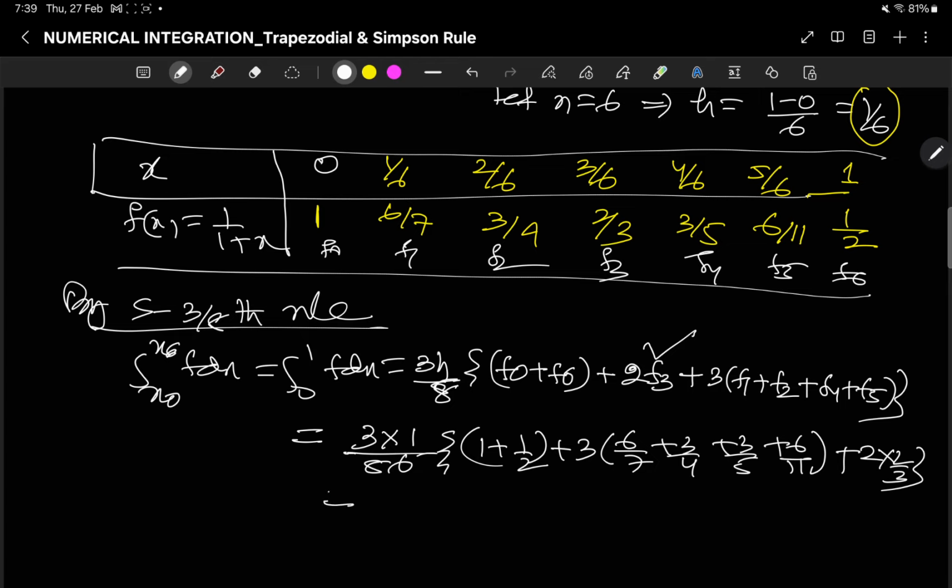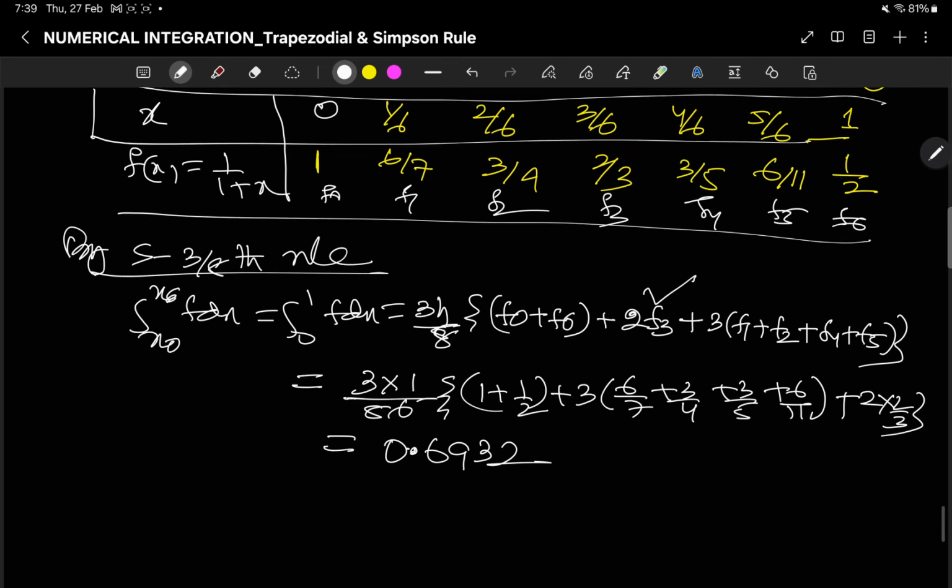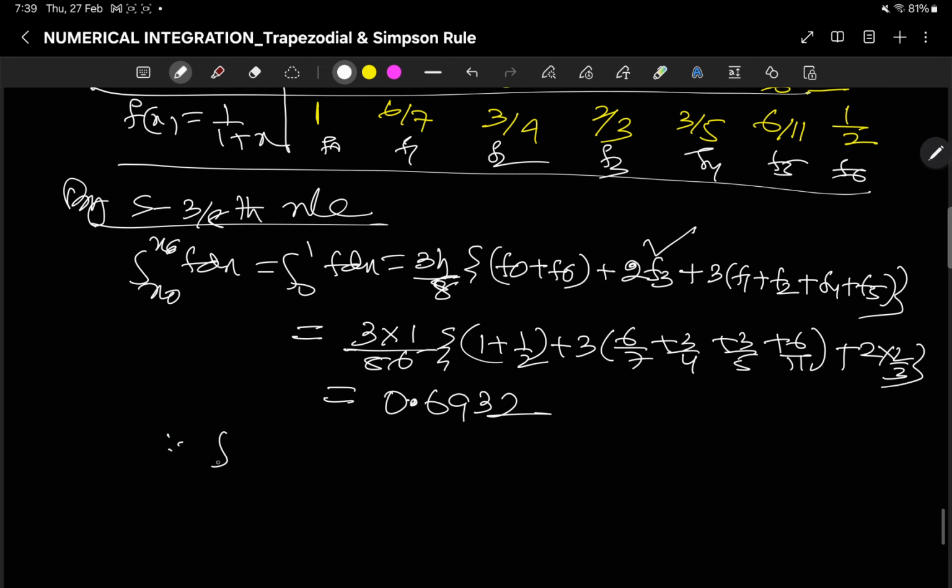If I simplify it, it will give me 0.6932. So therefore integral 0 to 1 dx by 1 plus x is equal to 0.6932.